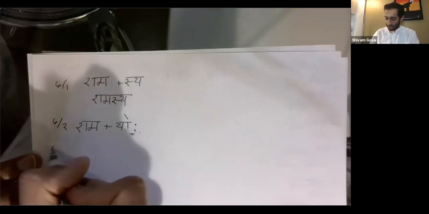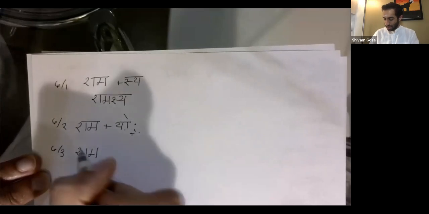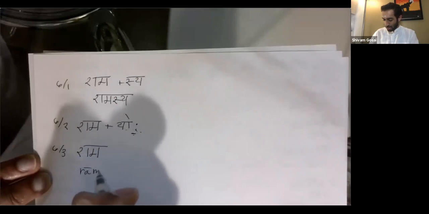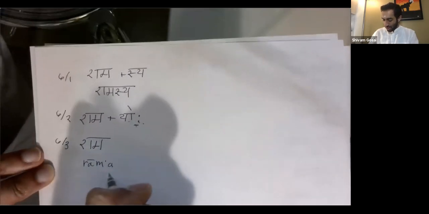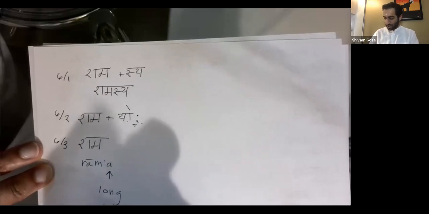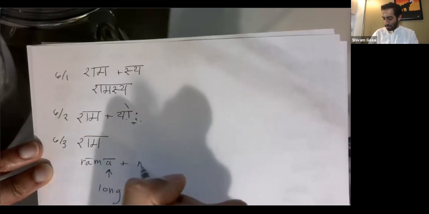And then 6-3, Rama. So, right, Rama. This akara becomes long. So it becomes Ramaa. And then we add nam.